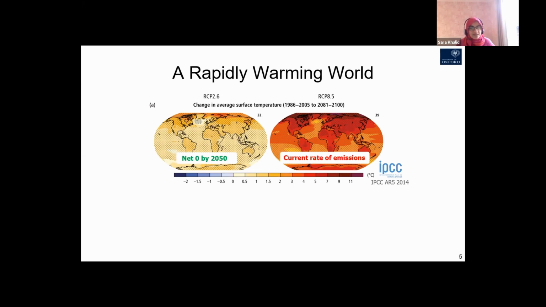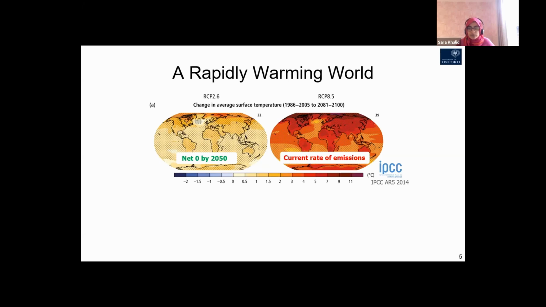And by looking at this closely, we can see why. On the left side is what's known as the net zero scenario, where if we achieve net zero carbon emissions by 2050, we can hope to limit the global warming by the end of the century to under 2 degrees Celsius, where 2 degrees is the critical tolerance threshold for human health, according to the Intergovernmental Panel on Climate Change.